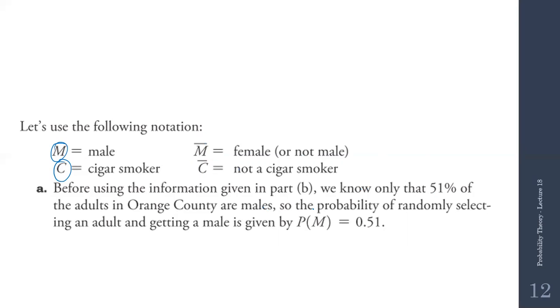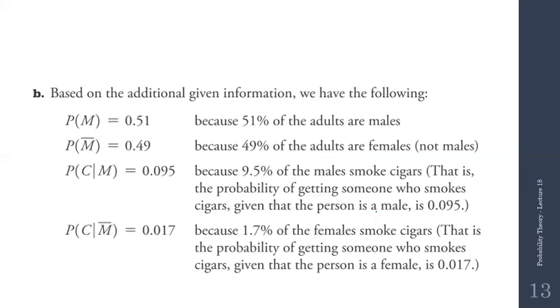So the probability of randomly selecting an adult and getting a male is given by P(M) equals 0.51. And we know P(M bar) equals 0.49. 49% of the adults are females. Male smoke cigarettes 9.5%, which is 0.095. Female smoke cigarettes 0.017, which is 1.7%.